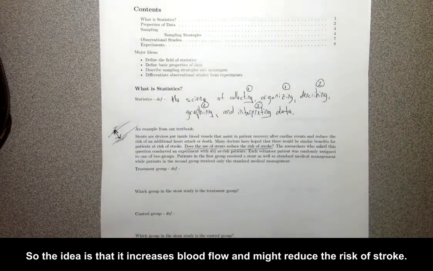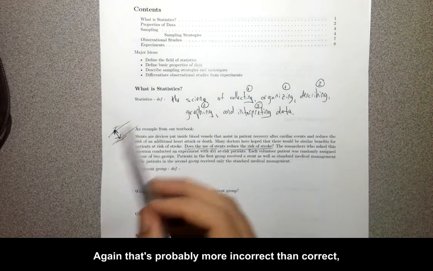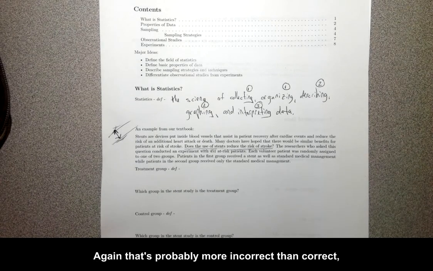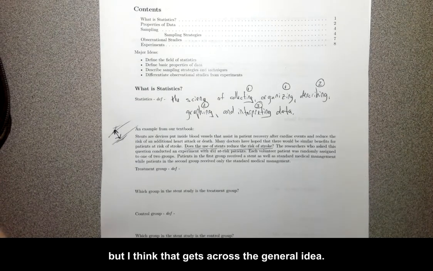So the idea is that it increases blood flow and might reduce the risk of stroke. Again, that's probably more incorrect than correct, but I think that gets across the general idea.